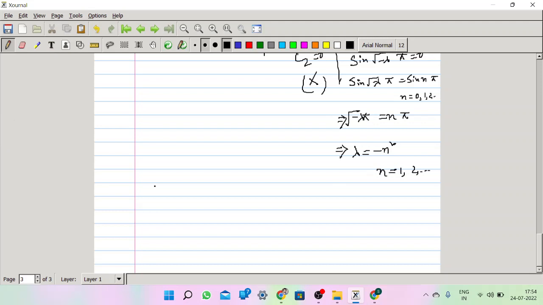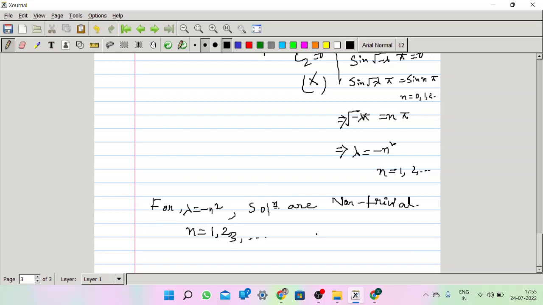So I get that for lambda equal to minus n square, the solutions are non-trivial, which I was looking for. So here n is a natural number, that is n equal to 1, 2, 3.